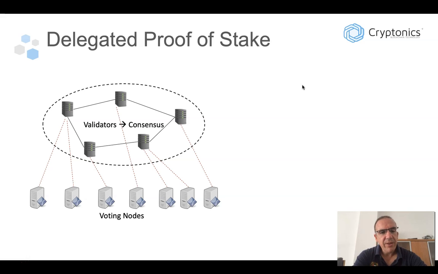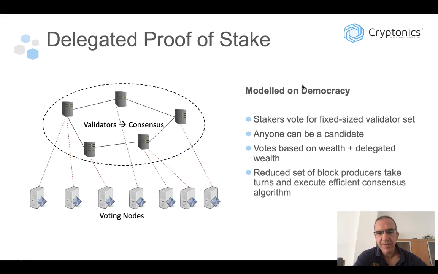But the advantage of this is you then have a small set of validators which take turns or have some mechanism to take turns in producing the blocks. And knowing who these validators are and having a fixed number of them is very useful to optimize consensus, which is the next step in the process, which we'll talk about in a bit.